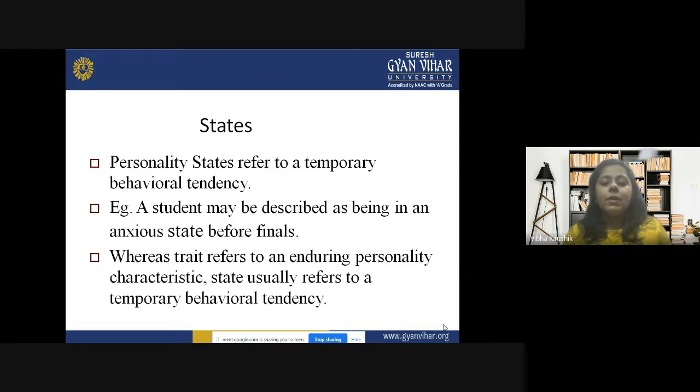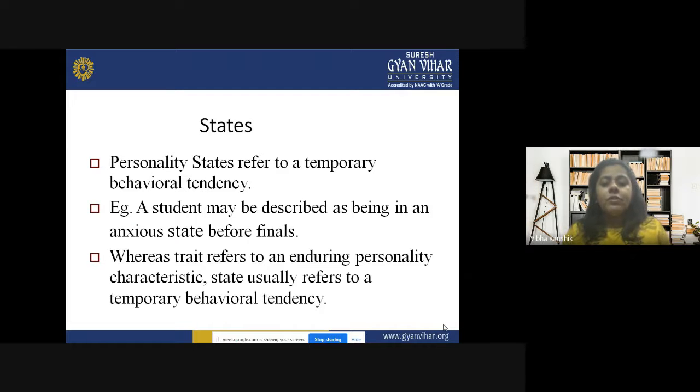Example: a student may be described as being in an anxious state before finals, and this is a temporary behavioral tendency. That individual will not always be in an anxious state; that person will be anxious only when he has his final exams.